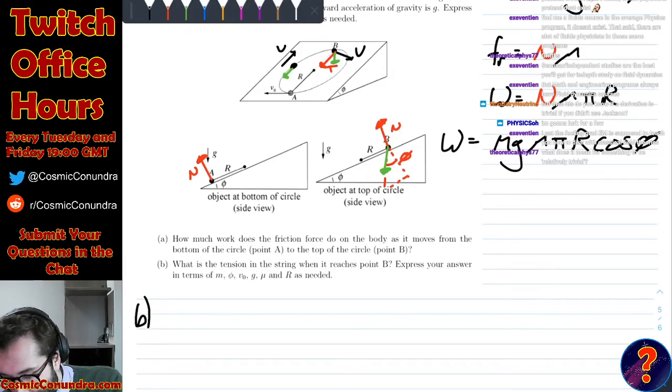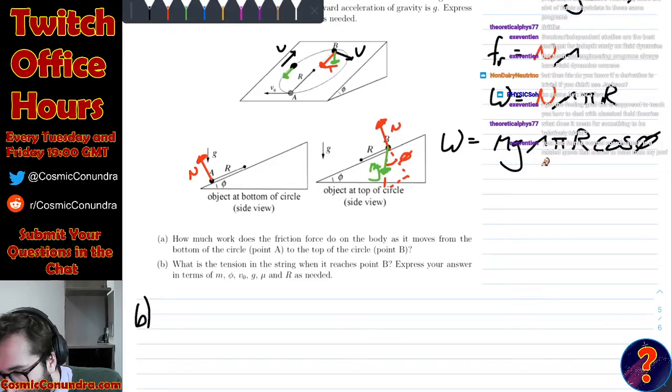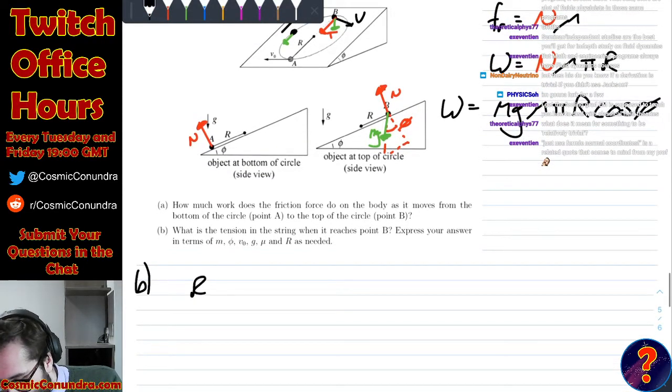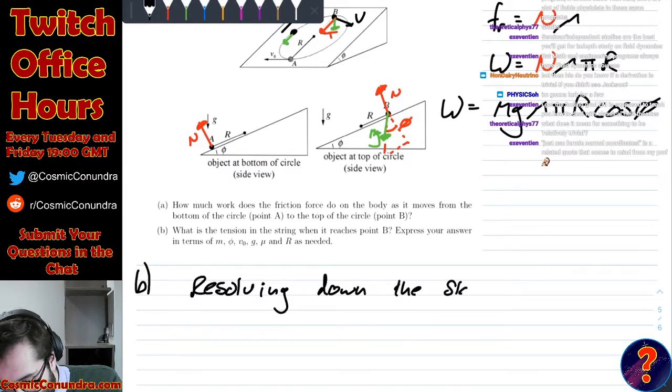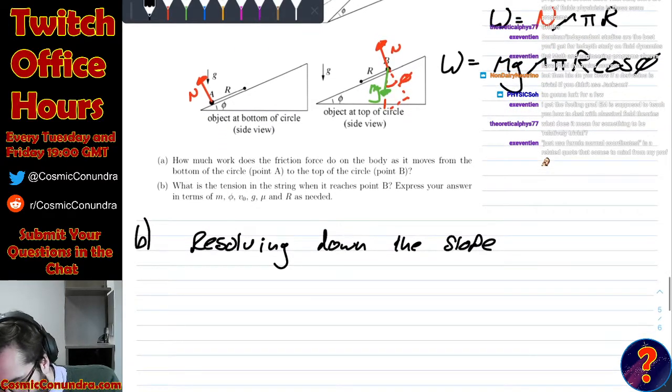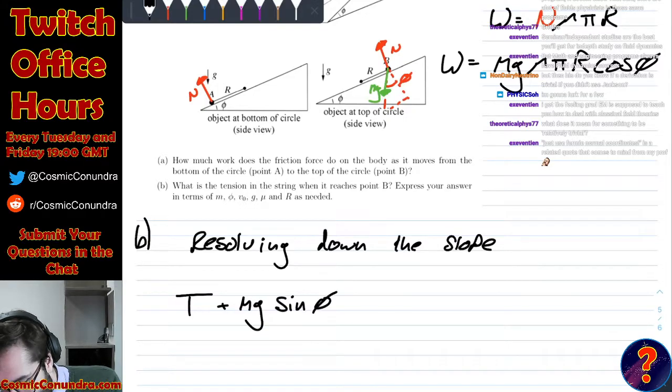If we want to find the component of the weight mg going down the slope, we multiply mg by sine phi. So resolving down the slope, we have T plus mg sine phi is equal to what?